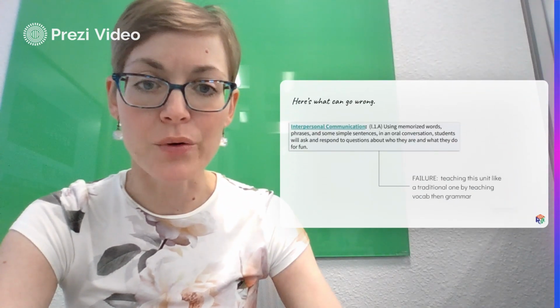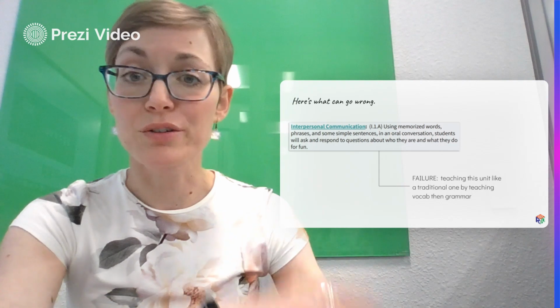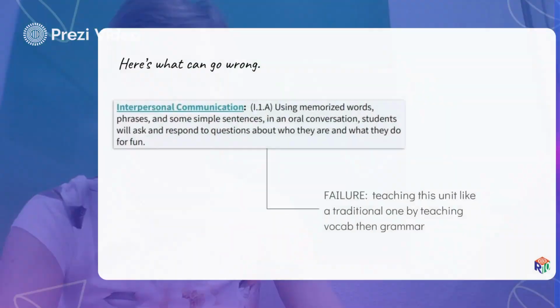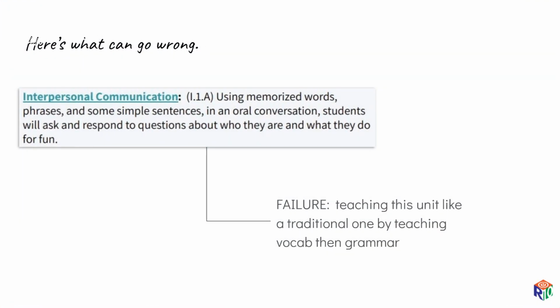Okay, so let's look at a fatal flaw that might happen first, though. When I hear teachers, they get their thematic unit, they look at it, they say, okay, I got it. And then they go back to their planning calendar and they try to teach interpersonal communication as if it were a traditional unit.